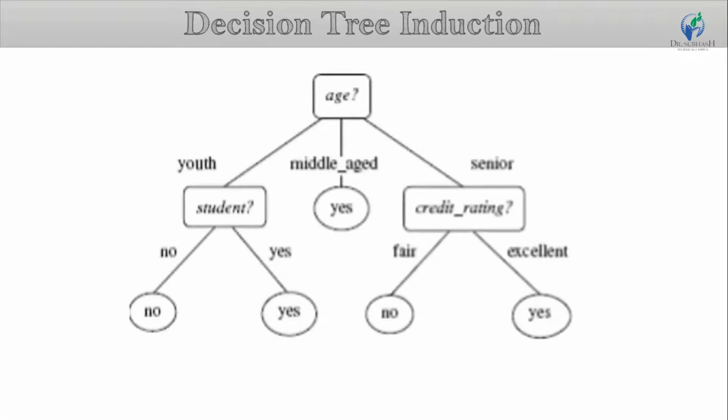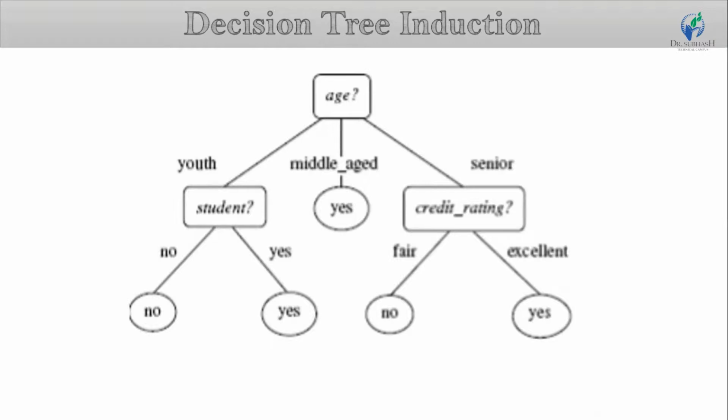Now I will explain a typical decision tree, shown in the figure. It represents the concept of buys computer. That is, it predicts whether a customer at AllElectronics is likely to purchase a computer.